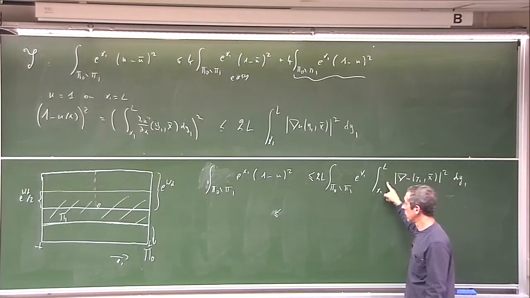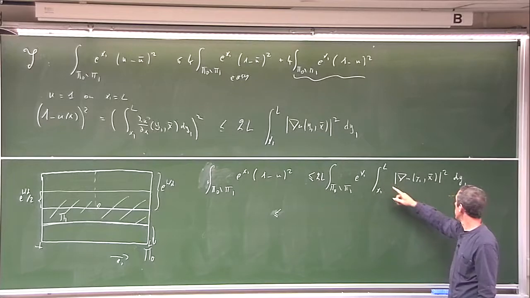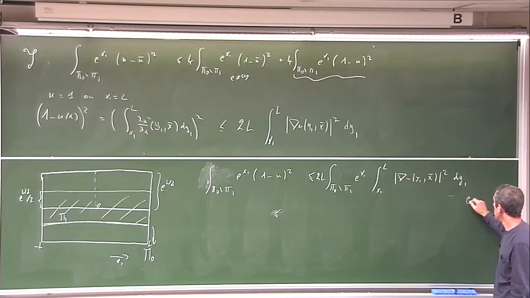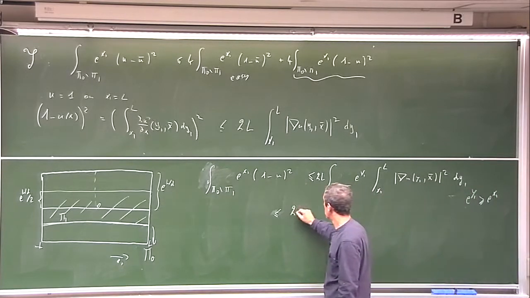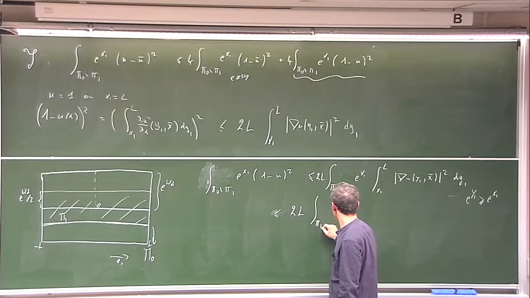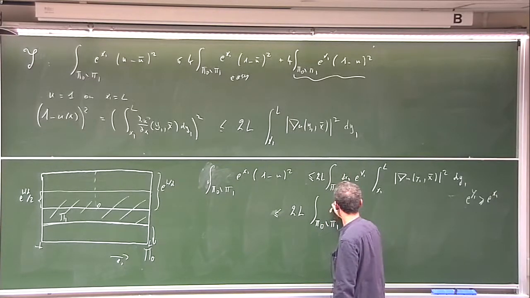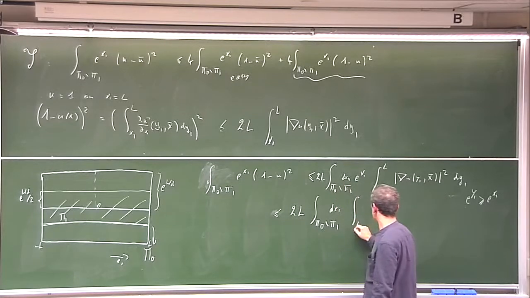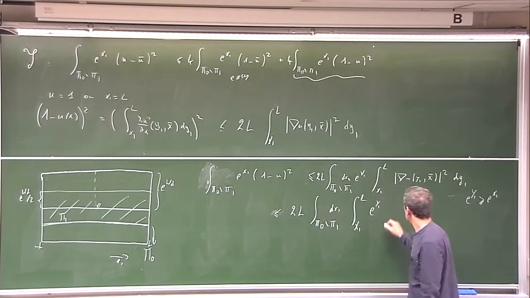We also want A, but A is not difficult to put in. Actually, we can put the exponential term here because we're just going to use the fact that exponential y1 is larger than exponential x1. And so obviously this is less than the integral of the same thing. So there was the dx1 here, and then the integral from x1 to L of exponential y1 times the gradient.